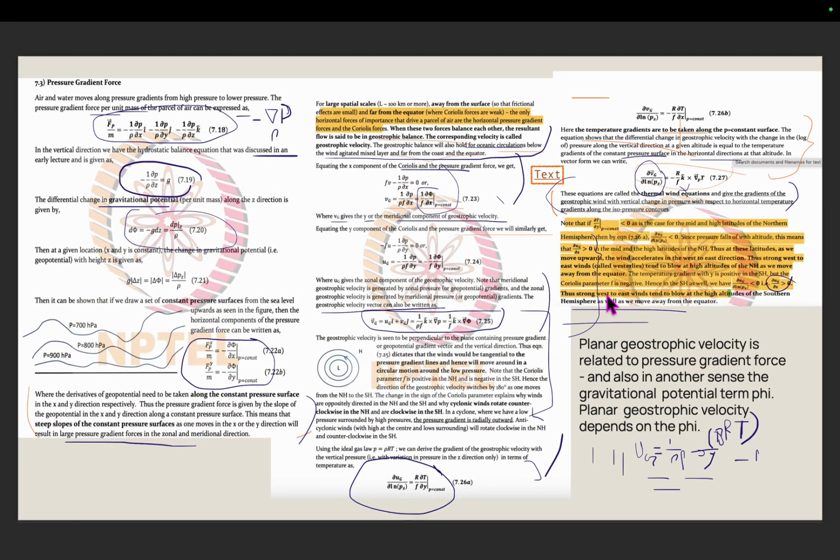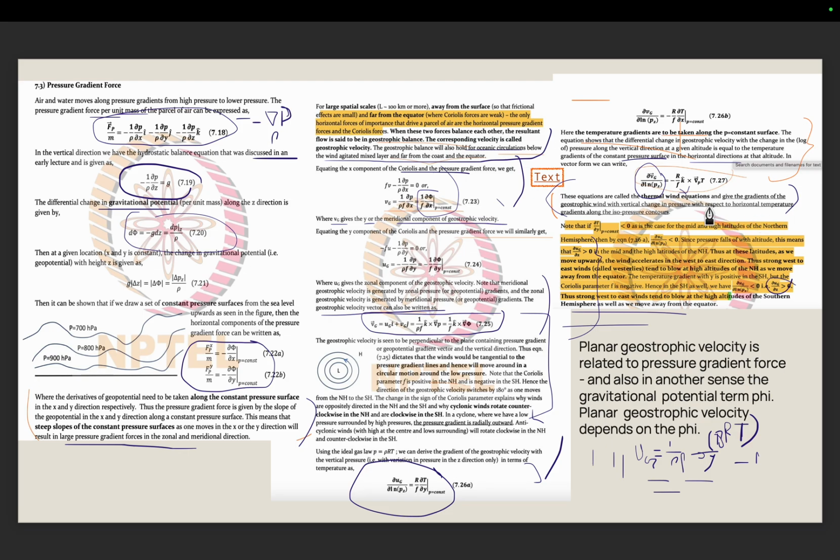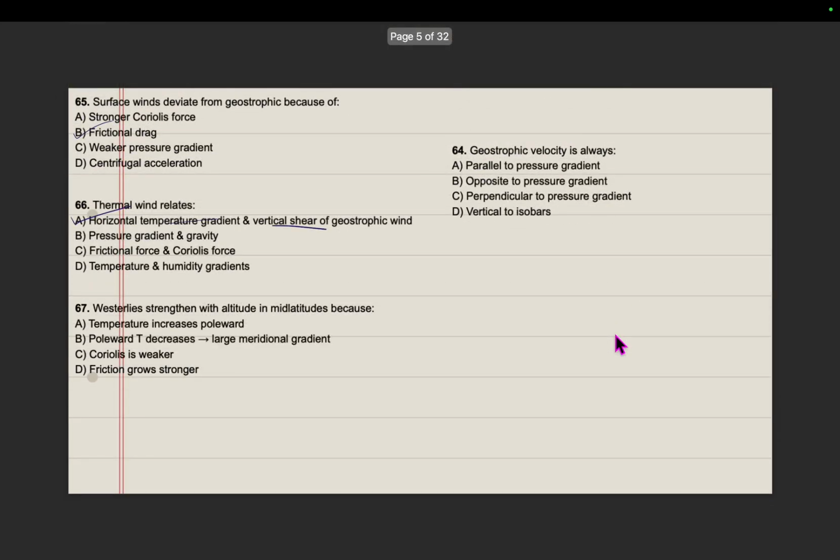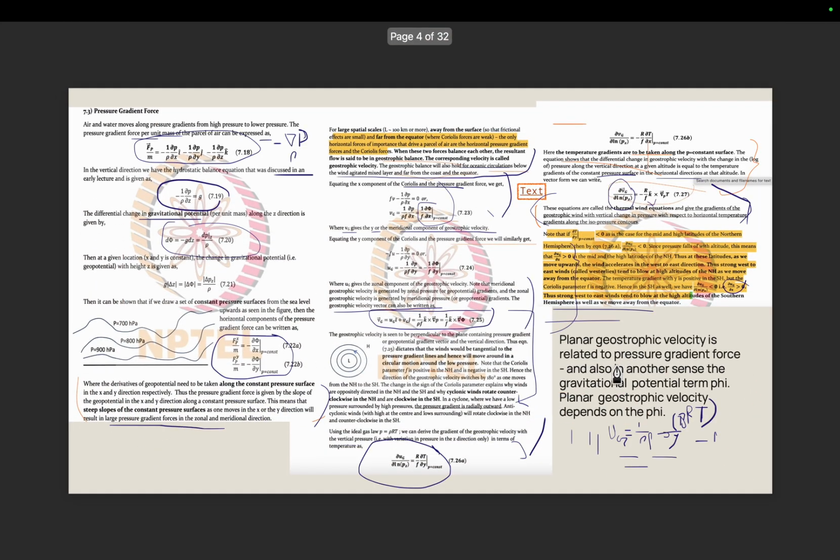You can see the gradient of the geostrophic wind with the vertical change of pressure with respect to the horizontal temperature gradient along isopressure contours. This k cross grad_p T term shows how the horizontal temperature gradient changes along the isopressure contours. Here grad_p means del of T on pressure surfaces.